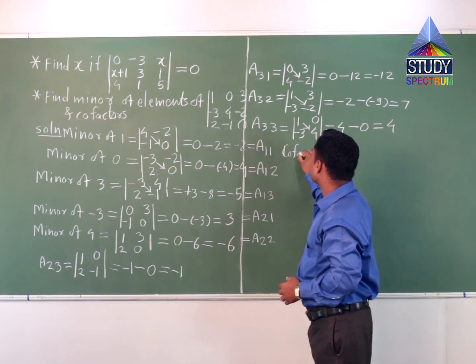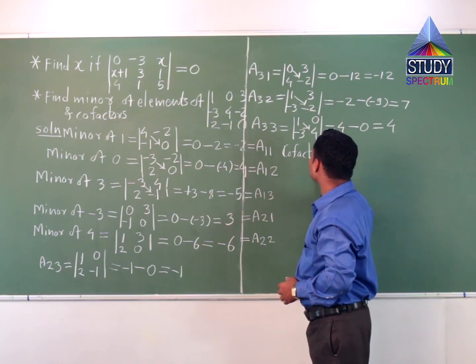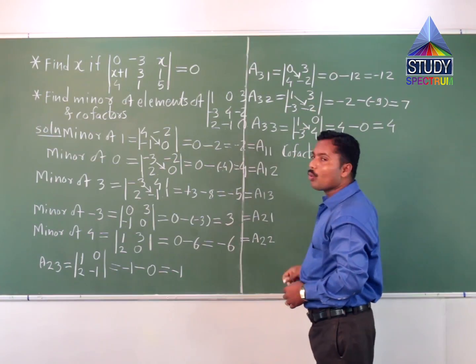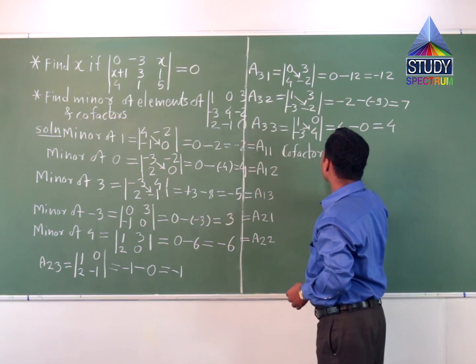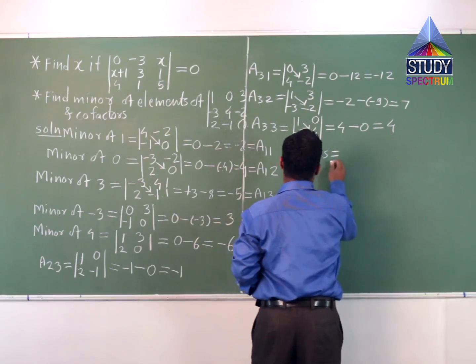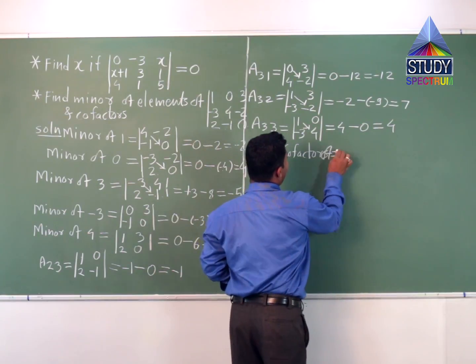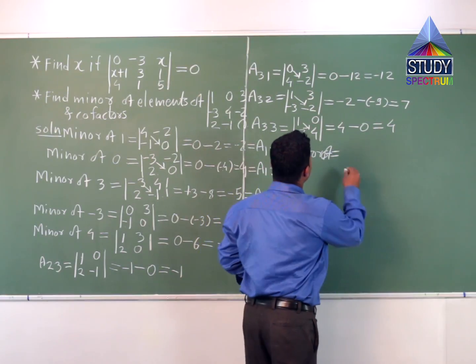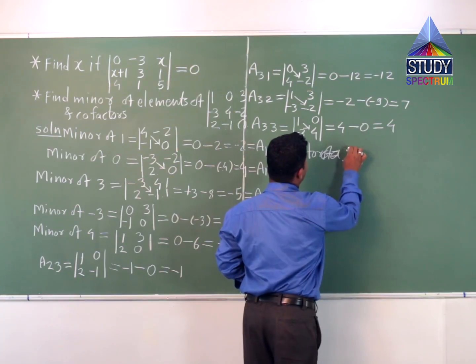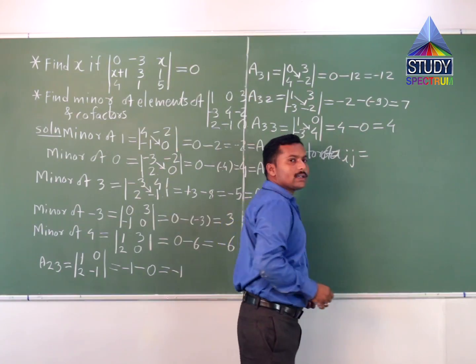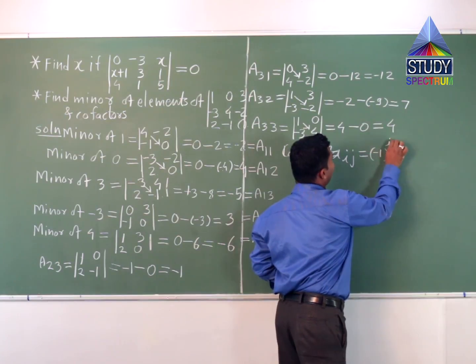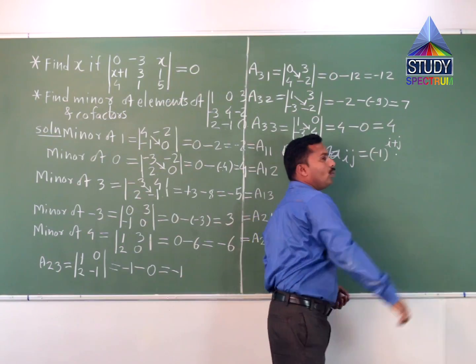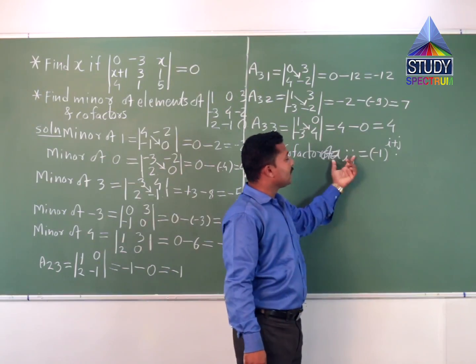What is the formula for cofactors? Cofactor of Aij equals minus 1 raised to i plus j into the minor of this Aij.